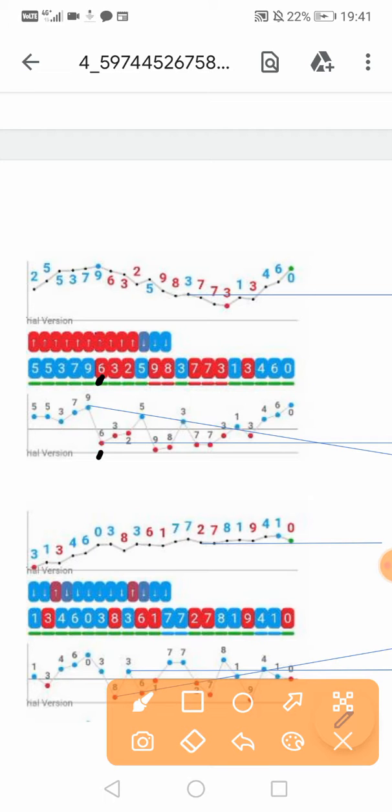Then from 6 the red started ascending: 3, 2, 5, right? Then what we notice after that, remember I said you draw this straight line here, right? Then they form your triangle there. After that, 9 red appeared here, and it's already bigger than this. It's correcting the direction, right? Then you bet down.